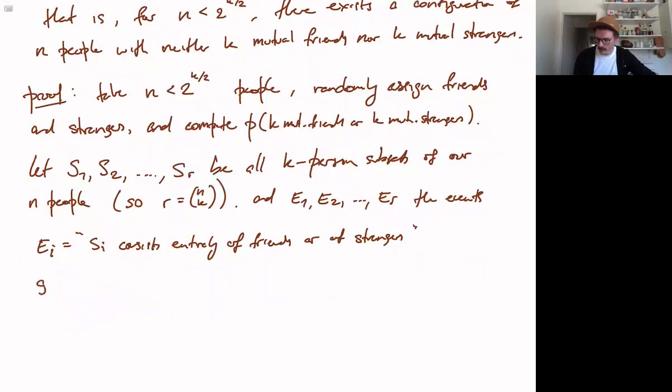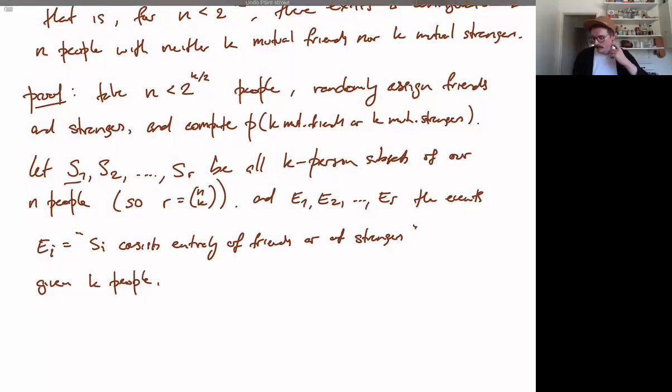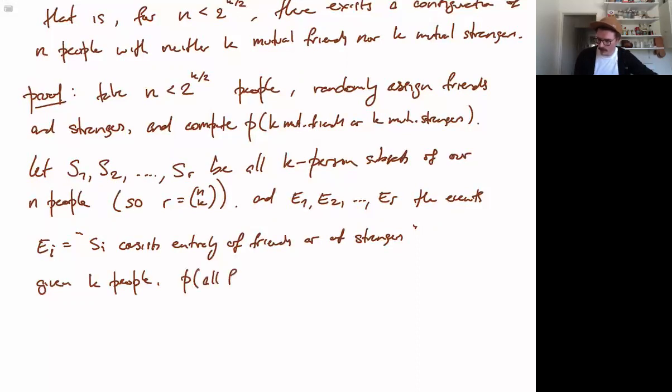So given k people, for example, any of these sets Si, probability of all friends, what is this? So we are assigning each pair to be friends with probability 1/2. And how many pairs are there? k times k minus 1 over 2.